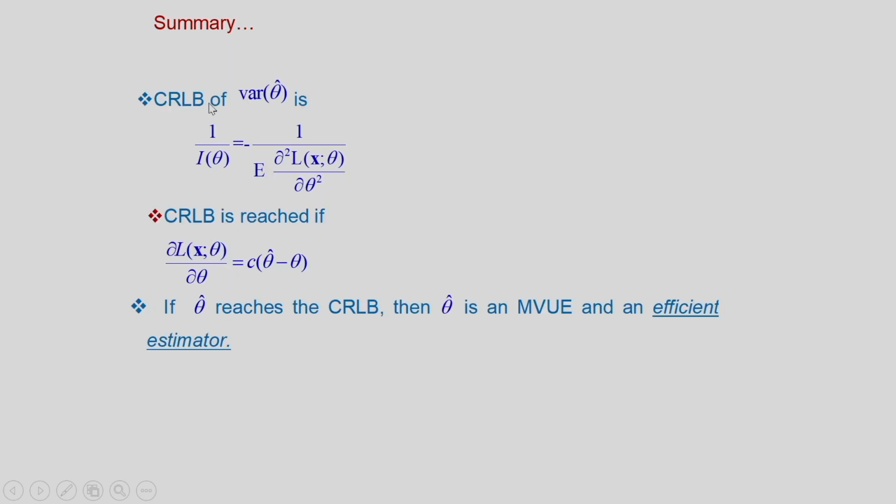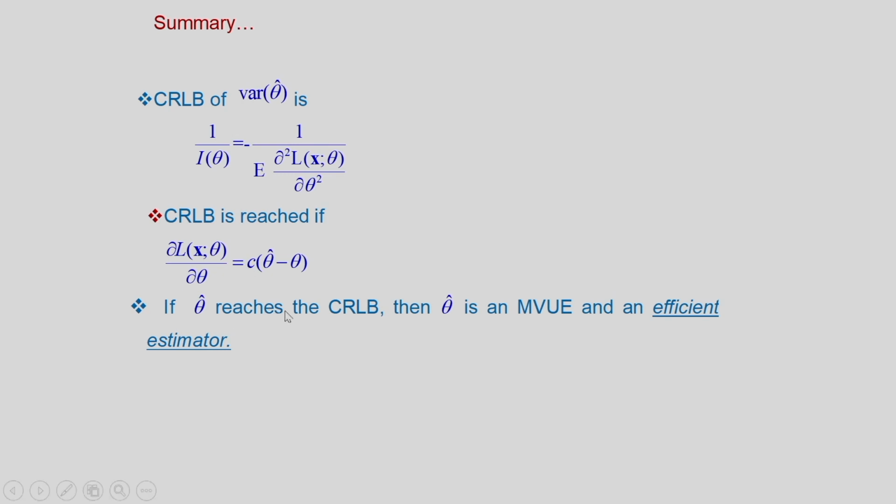Thus the CRLB, the Cramer-Rao lower bound of the variance of theta hat, is 1 by I theta, that is equal to minus 1 by the expected value of del 2 L by del theta square. The CRLB is reached if the partial derivative of the log likelihood function is a product of C and theta hat minus theta, where C is a constant.